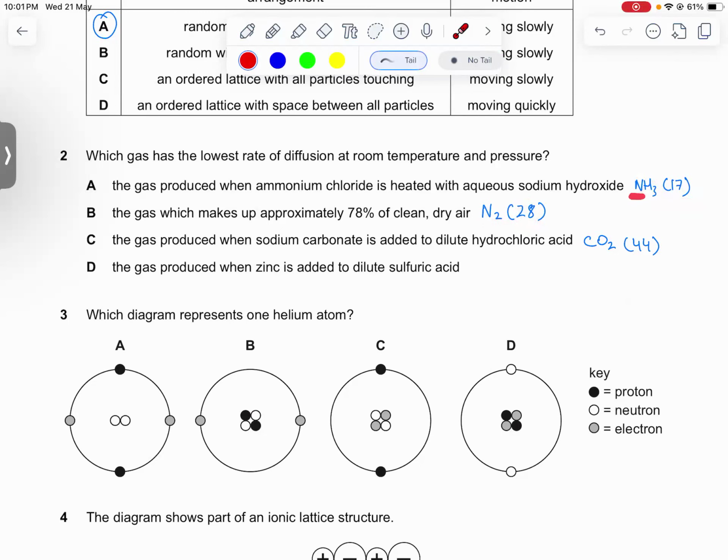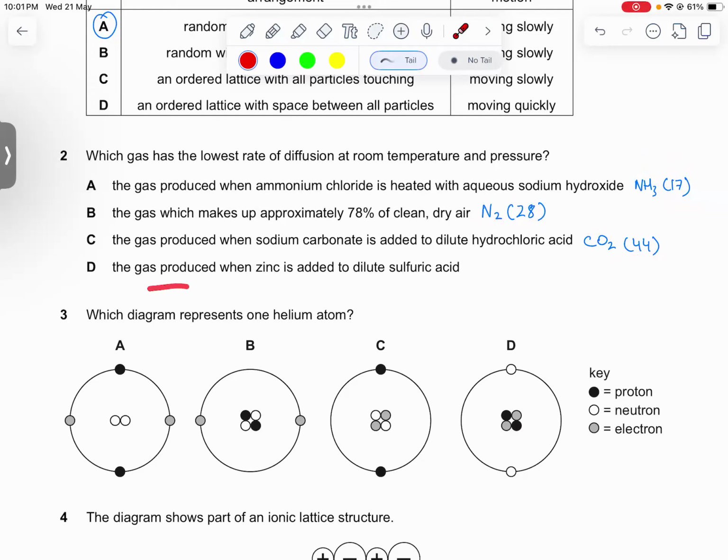For example, nitrogen is 14 and each hydrogen is 1, so 3 hydrogens means 3. So 14 plus 3 is 17. Two nitrogens means 14 plus 14, which is 28. For CO2, one carbon has a mass of 12 and oxygen has a mass of 16. Two oxygens have a mass of 32, so 12 plus 32 gives us 44.